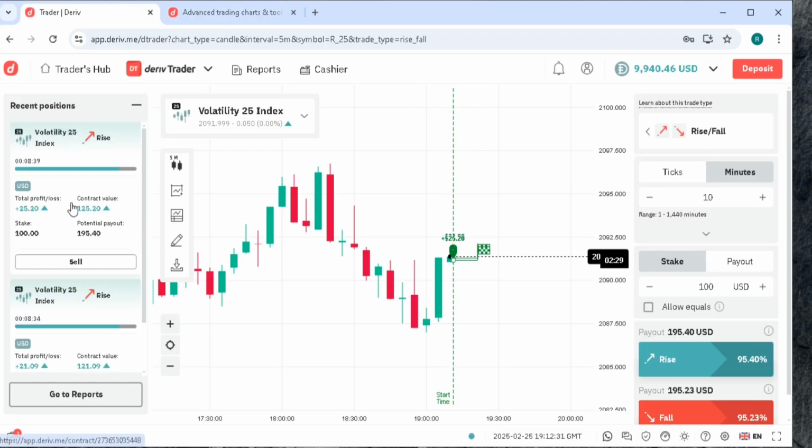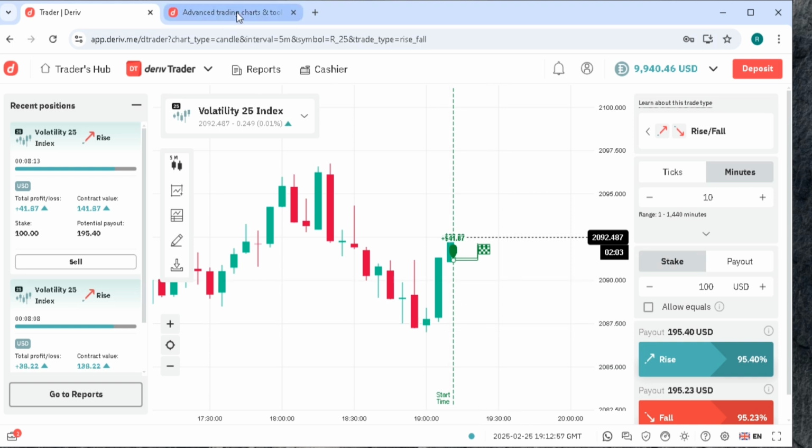We will cash out one of these. If you have a small account, this is how you can grow that account. Again, if you are a beginner, you can grow a small account using this method. Just understand the candle patterns, then grow your account manually.